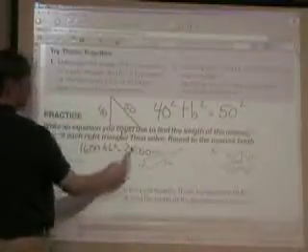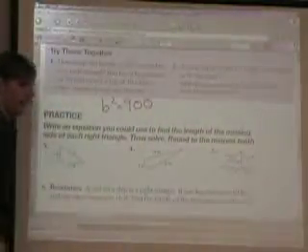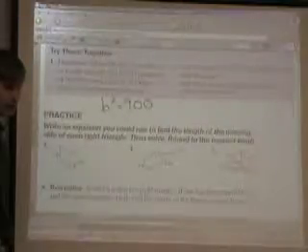And now, we've got to do what to get b by itself? Subtract. Good. We're going to subtract 1,600 from both sides, and that leaves us, what's 2,500 minus 1,600? 900. So we've got b squared equals 900. Now, what do I do from here, Anna?